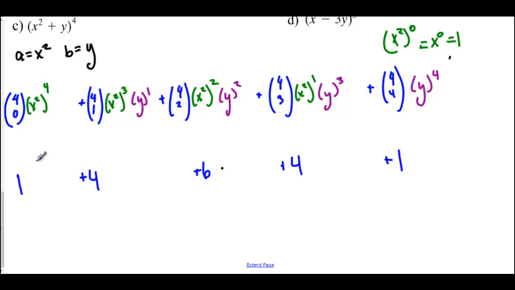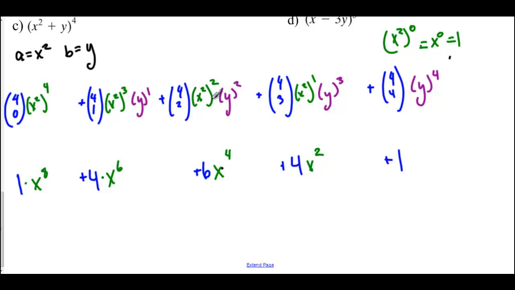So the x squared to the 4th is x to the what? Yes, x to the 8th. So we're multiplying those exponents. Because it's a power to a power, we're going to multiply the exponents. So x squared cubed, x to the 6th, x squared squared, going to be x to the 4th. And then x squared to the 1st is going to be x squared.